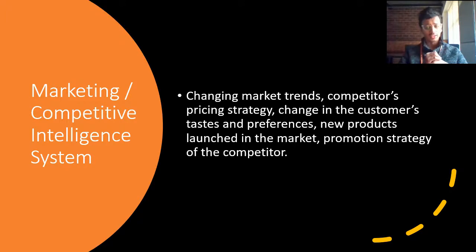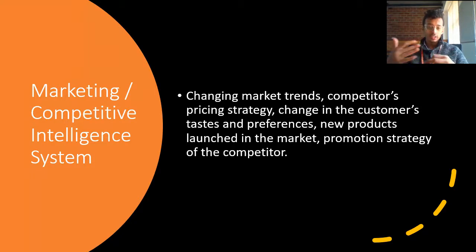The other thing is to note the promotion strategy of the competitor. If the competitor is heavily investing in promotions in a certain way, the promotion strategy of a competitor will help us understand whether we should opt for a similar promotion strategy, or whether they are looking at customers' preferences and taste in a different way.